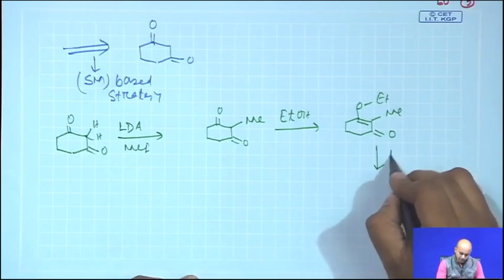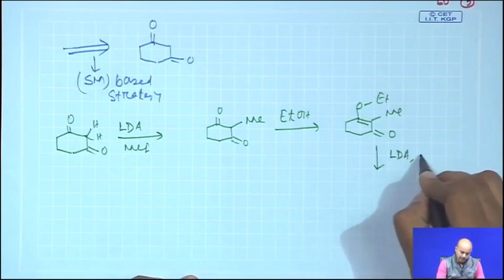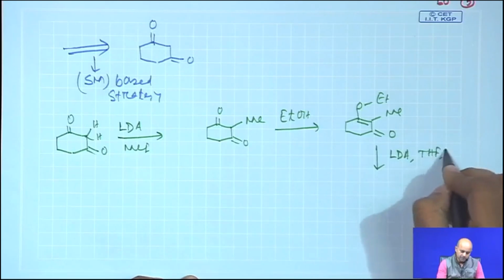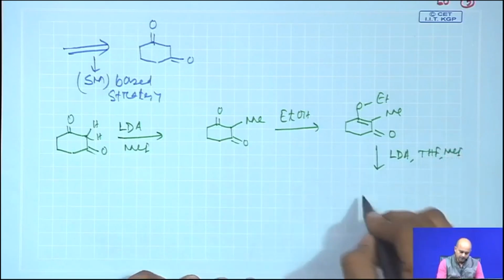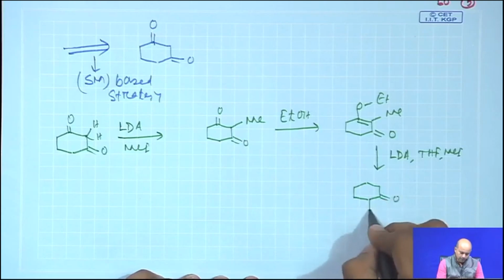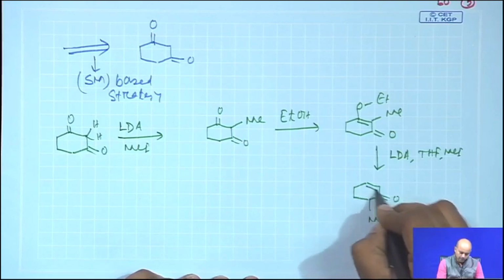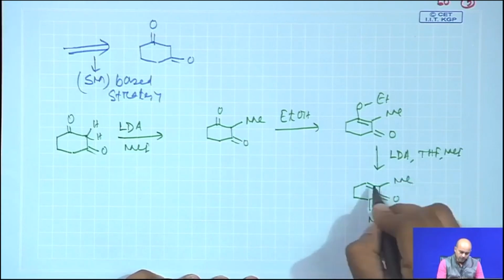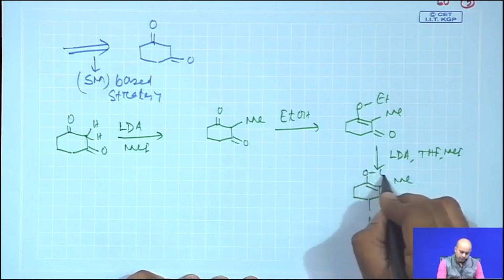So, again we will do another round of LDA, THF and methyl iodide. Now, you will get this compound. So, 2 methyl groups have been introduced.